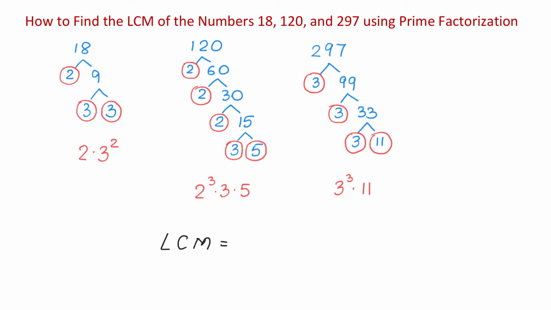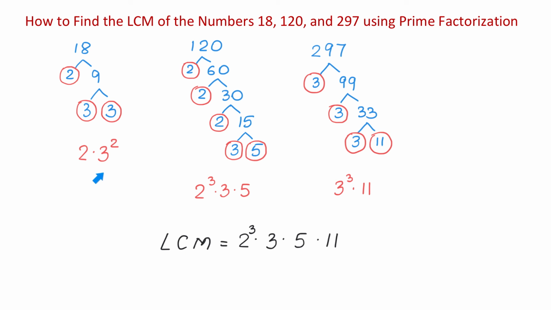So let's bring them down. 2, 3, 5, and 11. And now if some of them have exponents, we need to bring down the largest exponents. First, we see number 2 in 2 places, and the largest exponent is 3. Therefore, we are going to bring down exponent 3.